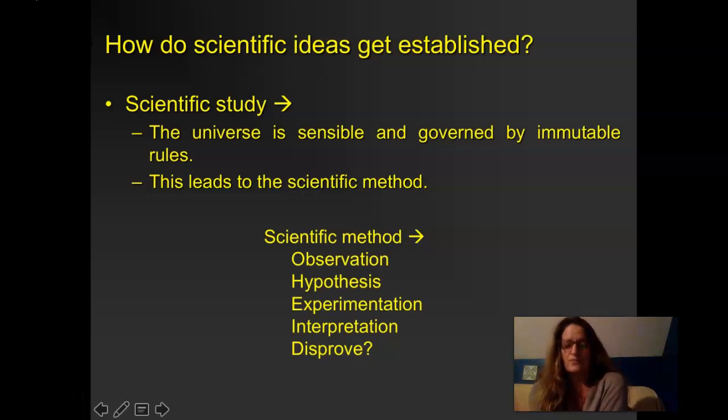So the scientific method involves an observation, a hypothesis, kind of explaining that observation, and then doing experiments to test your hypothesis, and then interpreting that data from the experiments. And then, did you disprove your hypothesis? Does it need to be rewritten or edited in any way? Think of a new hypothesis because your data didn't support that hypothesis.